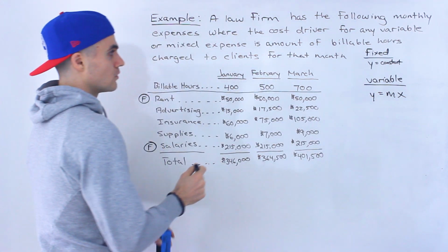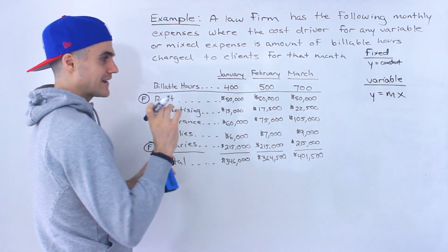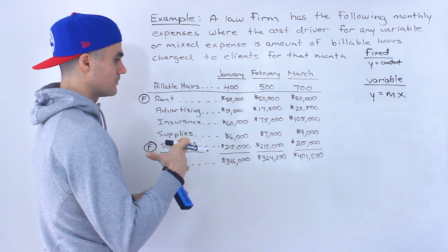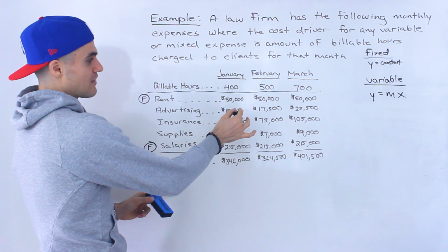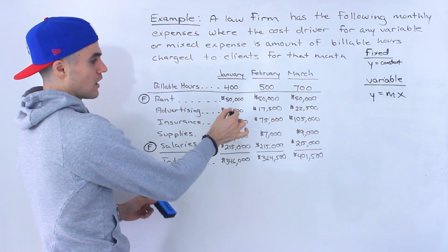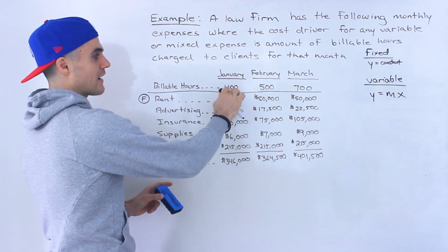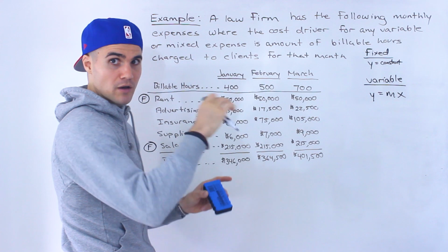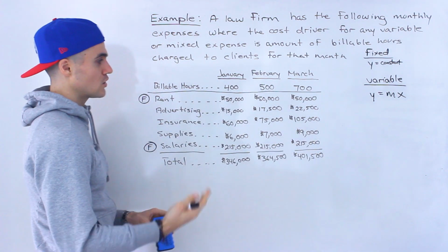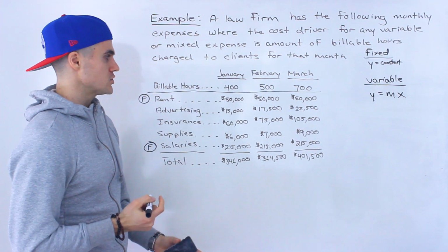If an expense is variable, then when you take the total cost of that component and divide it by the cost driver, that amount should be constant for every month. Let me show you what I mean.